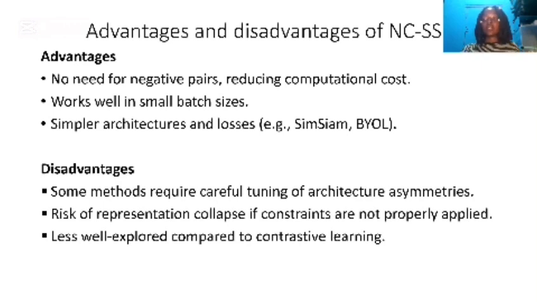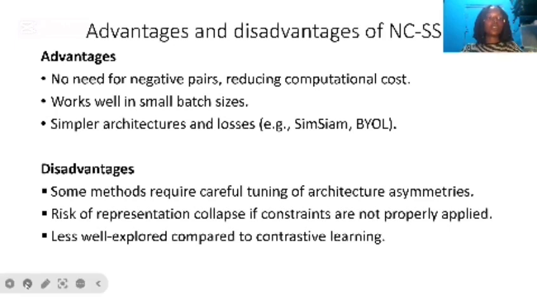If the proper constraints are not applied, these models can learn trivial representations, which can be dangerous in the long run. Then it is also less well explored as compared to contrastive learning. Most people are used to using contrastive learning, so it becomes hard to learn this as well.